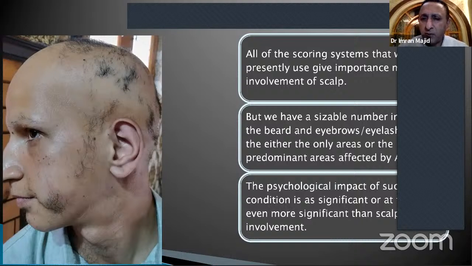But as we know from different studies that I have quoted earlier, more than 50% of cases of alopecia areata have involvement of areas beyond the scalp as well. So in those cases we are not able to assess the severity or the treatment response.